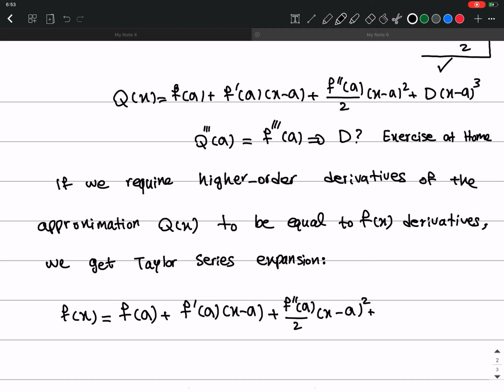And then the next term, I'm going to write it with a factorial because this is going to be the trend: f triple prime of A over 3 factorial times x minus A cubed, and plus other terms. The same trend that you have here, right?